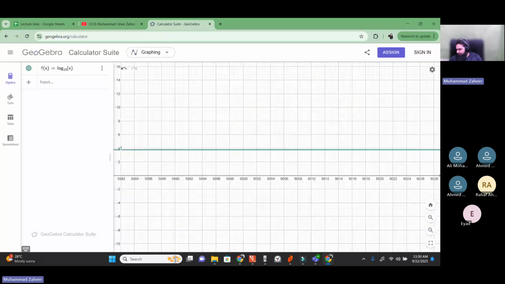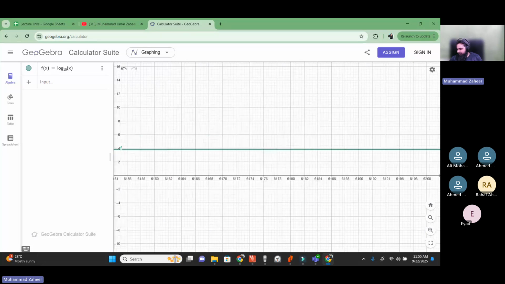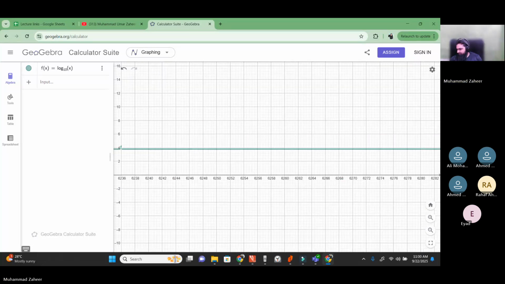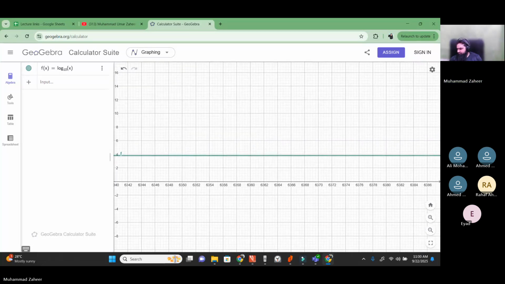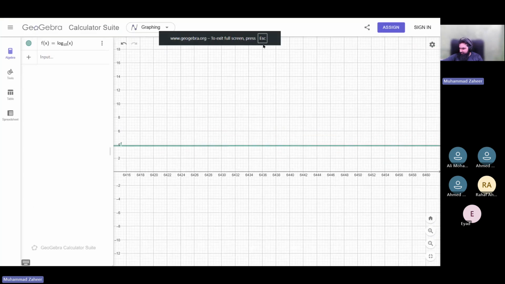Now let's move more and check how it is going to look. Look here, it is getting closer to the values.